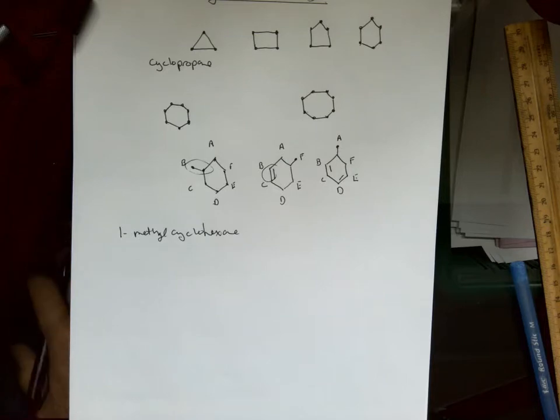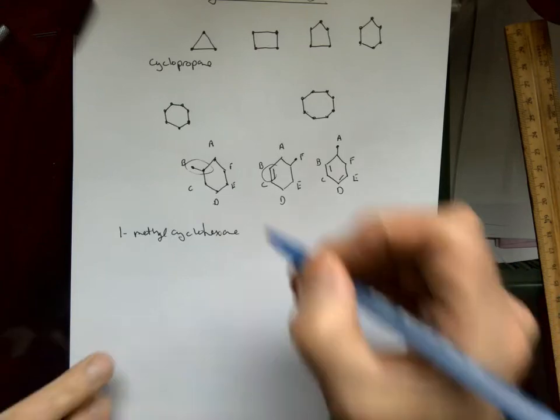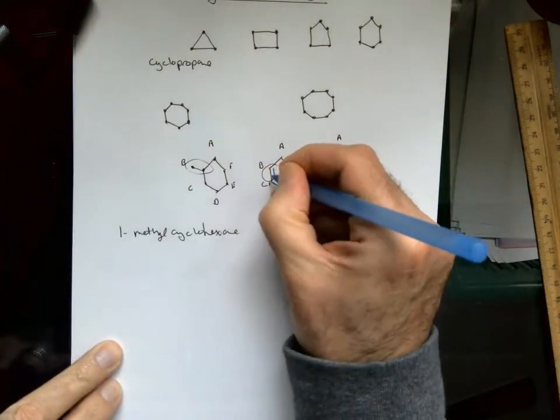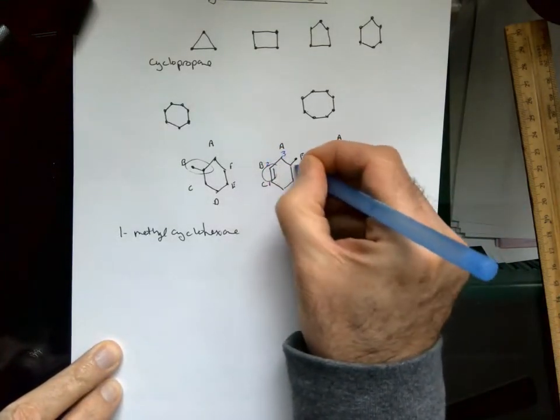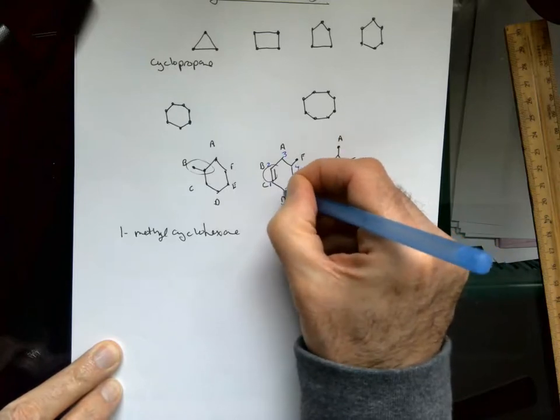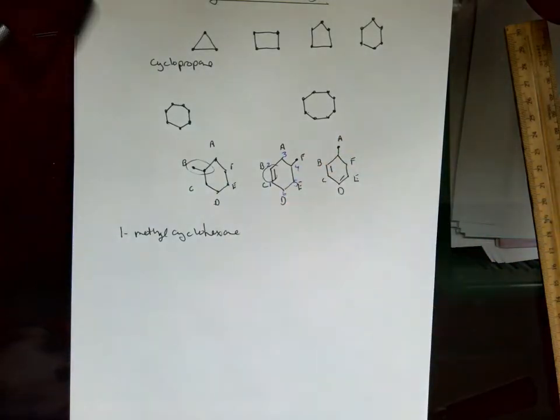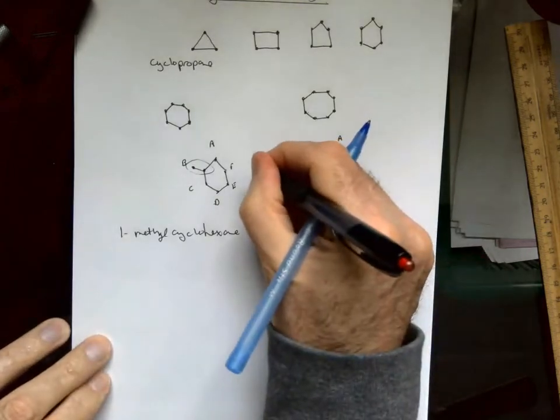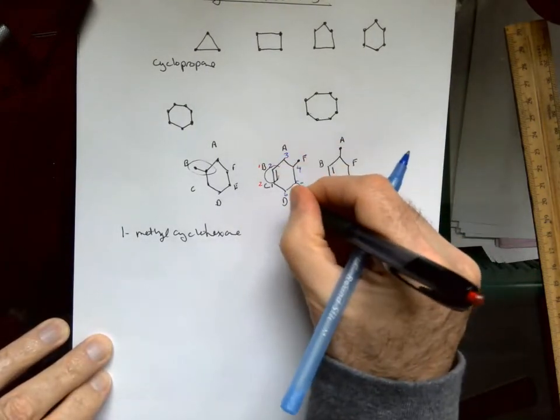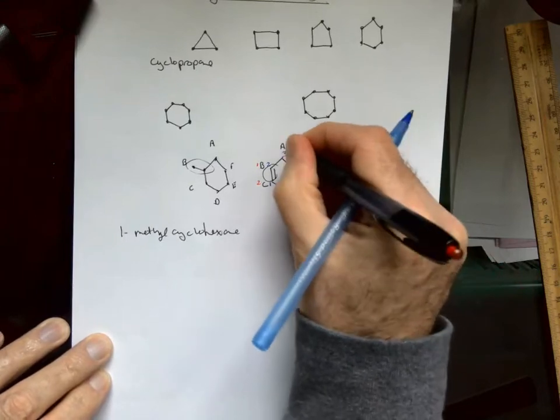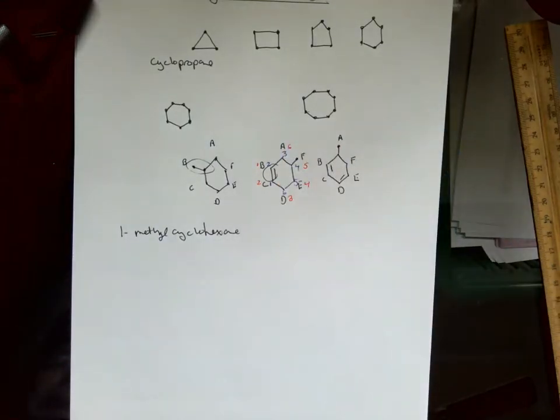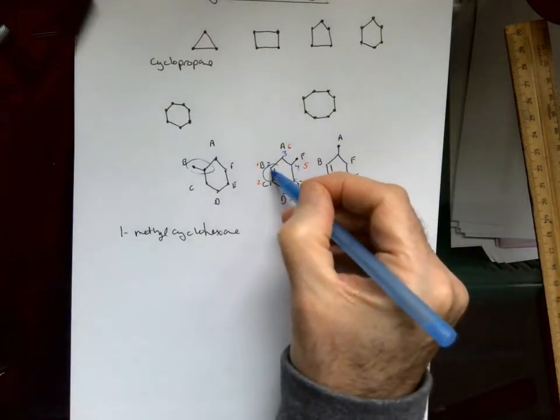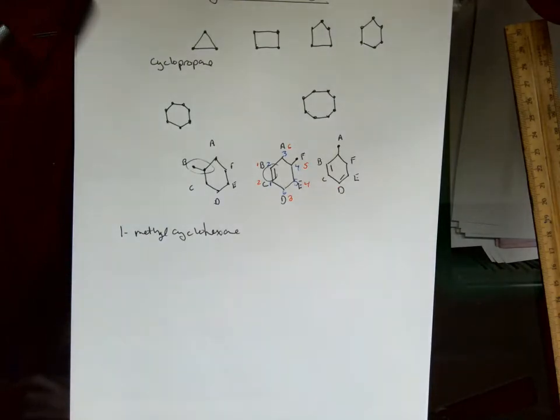The next rule is lowest numbering. So this could be carbon 1, 2, 3, 4, 5, 6. Here's your other option, and then we're going to come up with the best option. The other option is 1, 2, 3, 4, 5, 6. Remember, the first and second carbon have to be on the double bond in a cyclic structure.